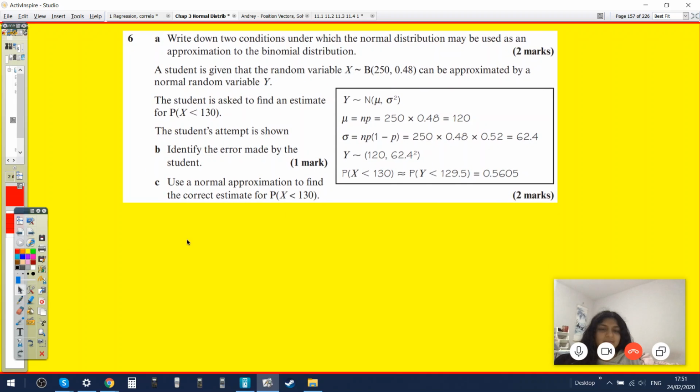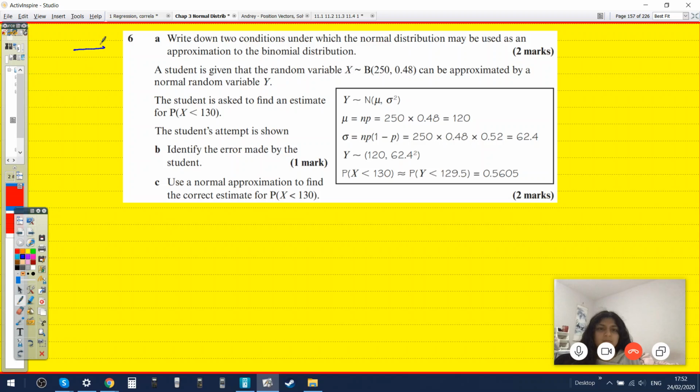It's supposed to be new spec. They put out a bank of exam questions, but they're not past exam questions, so I don't know if it would make it into a real one. This is definitely the thing where they show a student does it wrong, say what the student did wrong. That's definitely new spec.